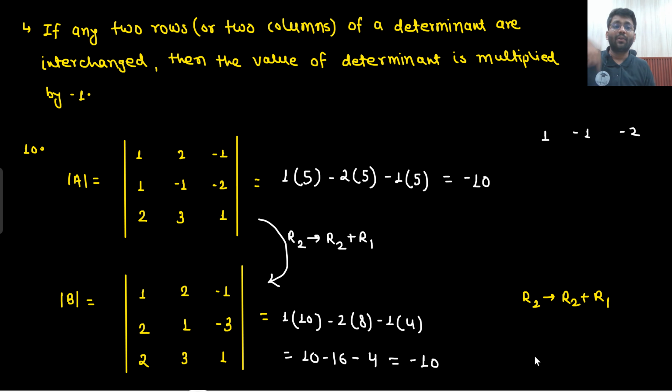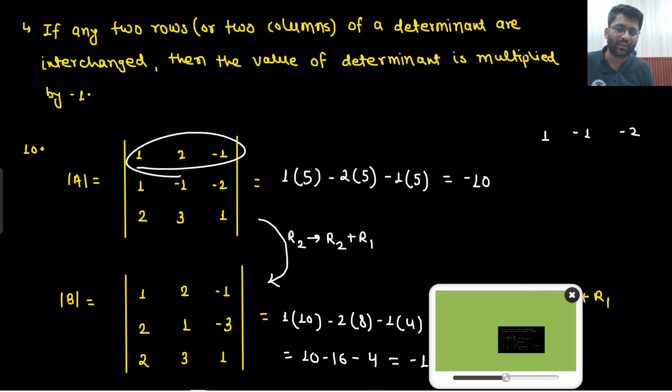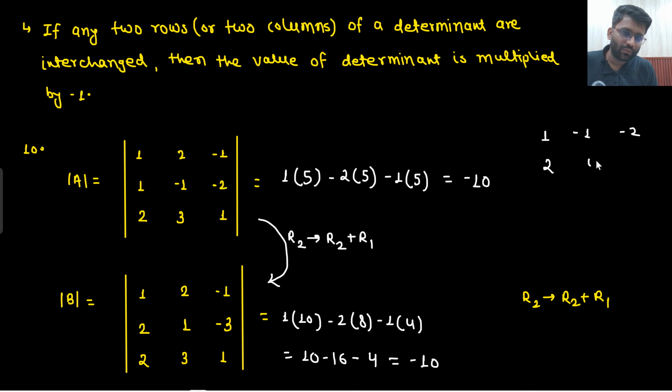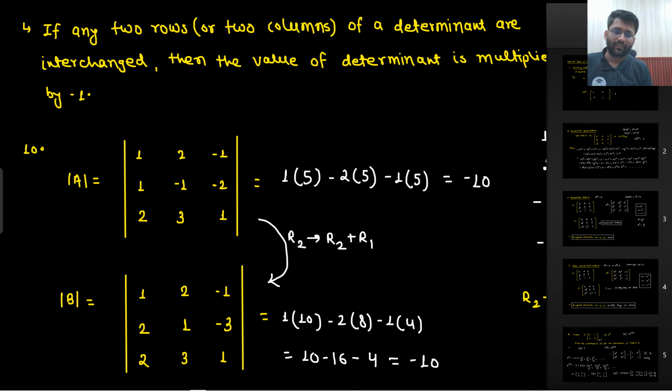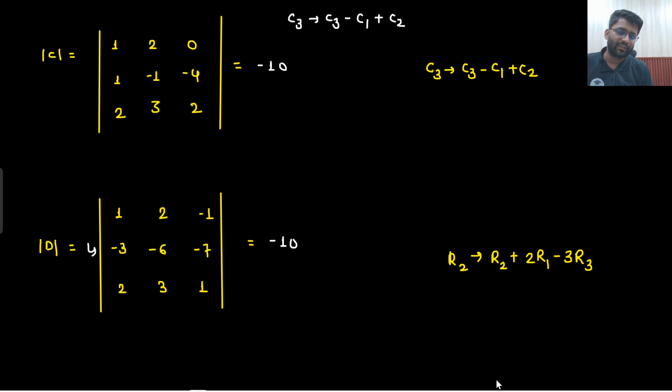Here I added twice of row 1, which is 2, 4 and minus 2, and subtracted thrice of row 3, which is 6, 9 and 3. So what is the answer you are getting? Here you will be getting minus 3, minus 6, and minus 7. So this is how row 2 is replaced. So what is the answer you are getting again? Minus 10 only.